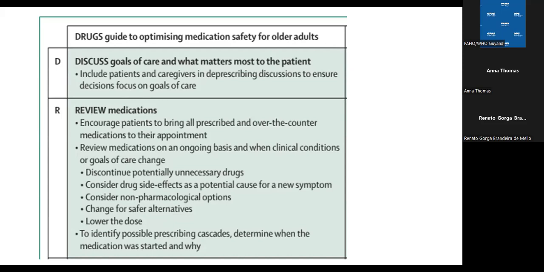If you don't find the proper indication listed in a patient chart, think over it. Try to understand if that medication is really needed. And if you don't find any evidence that a medication is needed, you can think about deprescribing to avoid prescribing cascades, as I'll show you in the next slides.